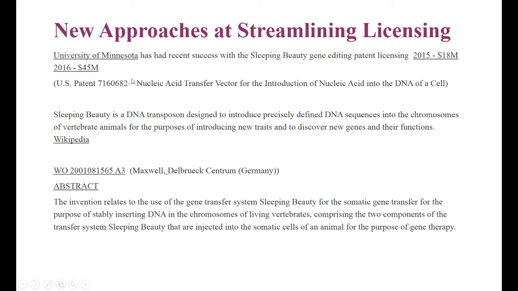This is the patent number. It issued, as I recall it, back around 2002. You can see there, Sleeping Beauty is a DNA transposon used for gene editing purposes. There is a copy of the basic invention, which was to Max Delbrück Centrum, which is a German company.